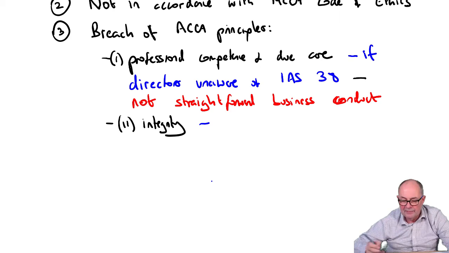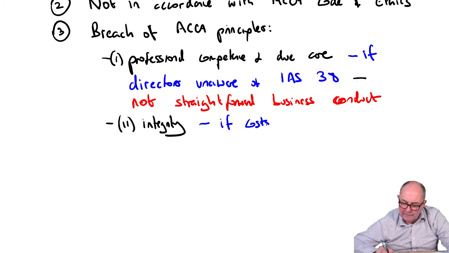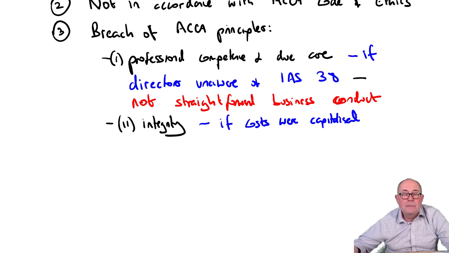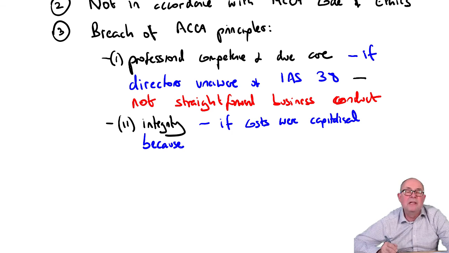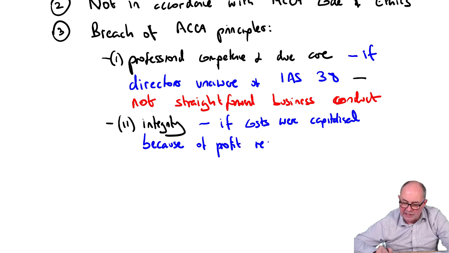But I'm saying if, for example, the costs were capitalized, maybe they did it because of their profit-related bonus, and they wanted their bonus to be as high as possible.